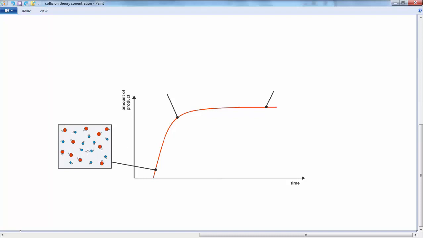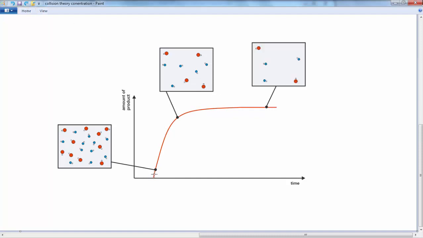But what happens as those particles start to react? Well, they will react to form the products. What does that mean? Well, it means that the concentration of the reacting particles will gradually become less and less. So when we reach this part of the curve here, we've got a lower concentration of reacting particles now. That means that there is less probability of a collision between those particles, which means that there are fewer collisions, which means that the rate of reaction here will be less, and as that reaction continues, this concentration will still get less.